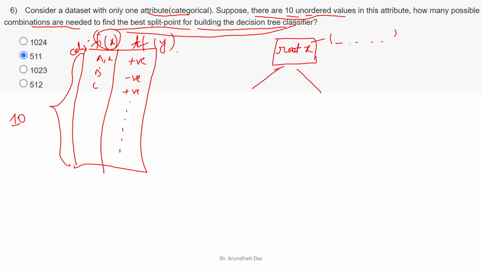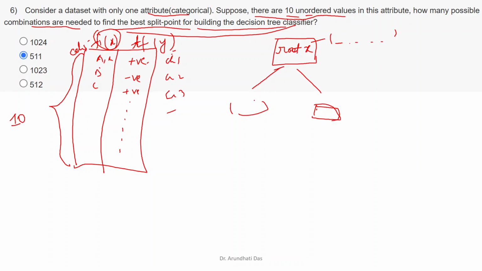Okay, so there is no information regarding the y value, but ultimately we know that the y value may contain the class level. There can be positive, negative, or there can be class 1, class 2, class 3, something like that. Okay, now here the class level will be obtained from the final leaf nodes.